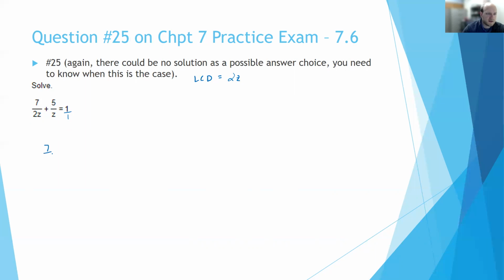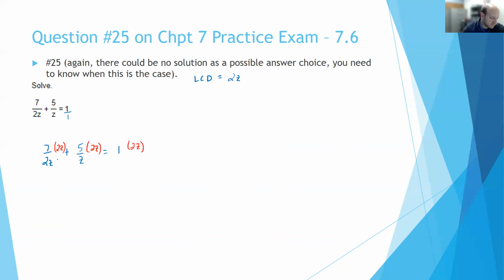So what I'm going to do here is I'm going to take that LCD, I'm going to leave myself a little space. I'm going to take the 2z and I'm going to multiply it by all of these. Okay, so I'm going to multiply 7 over 2z times 2z, 5 over z times 2z, and then 1 times 2z. Okay, and then now I can go ahead and I can multiply those. So what happens here?